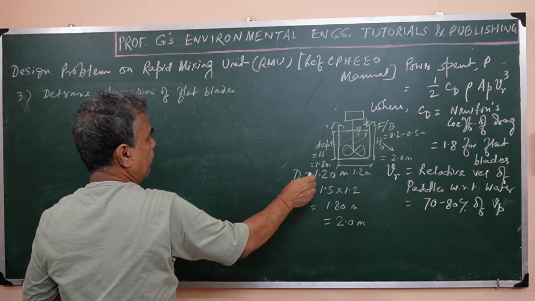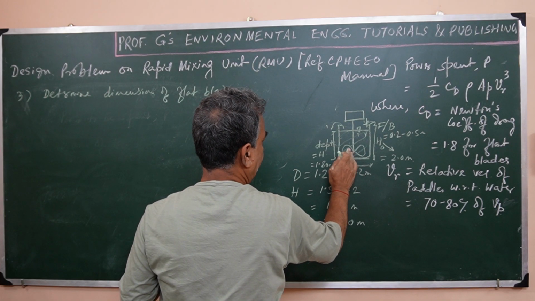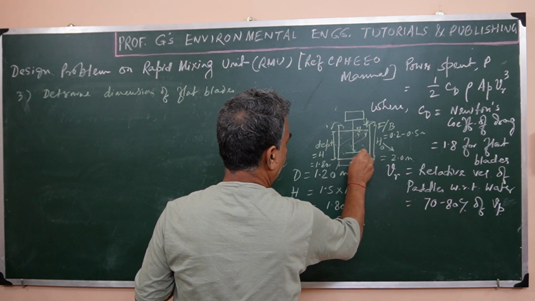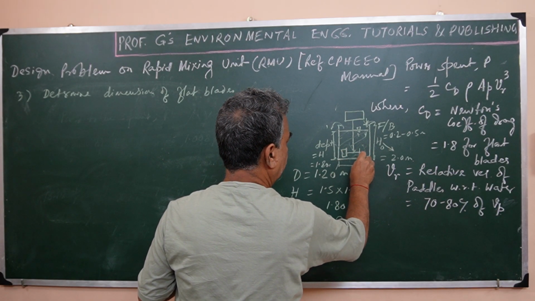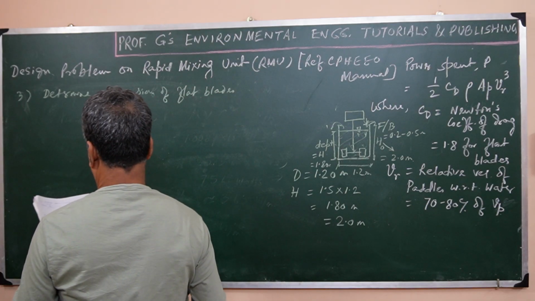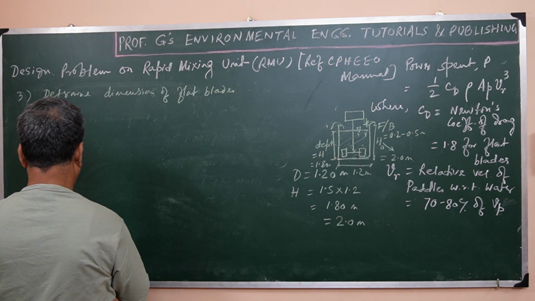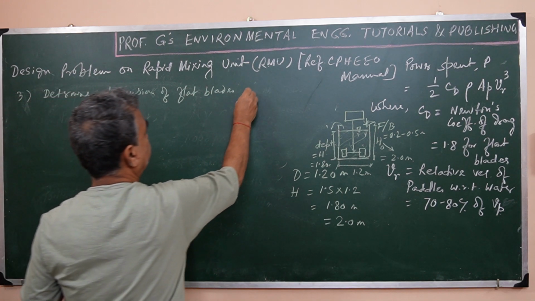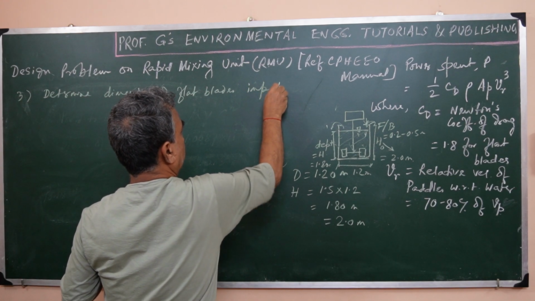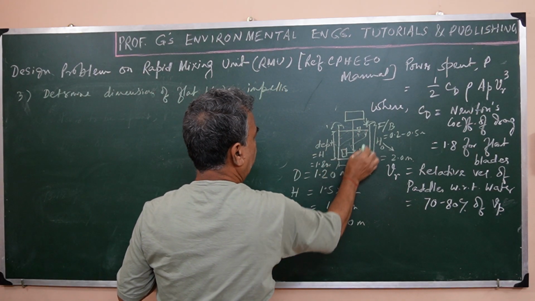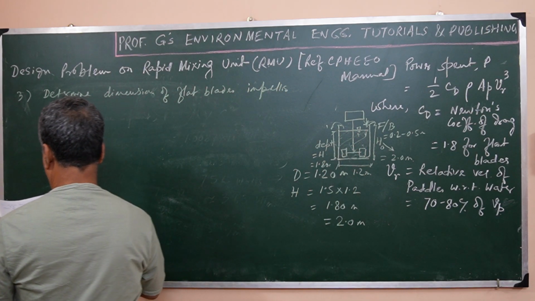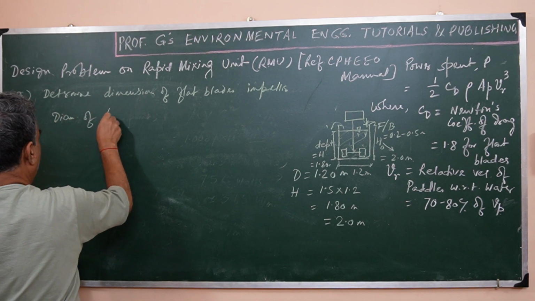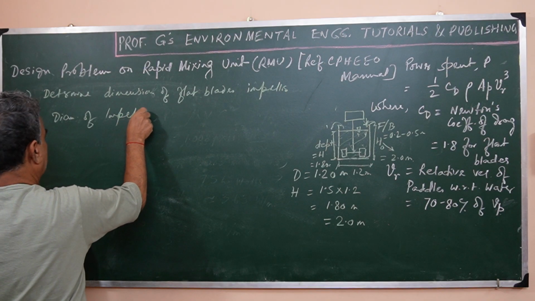If we use the flat blades, in that case it would be impeller or turbine type also. So this would be this kind of thing, right? So flat blades and impeller. This entire assembly is called impeller also. So flat blade type impeller, diameter of impeller, right?